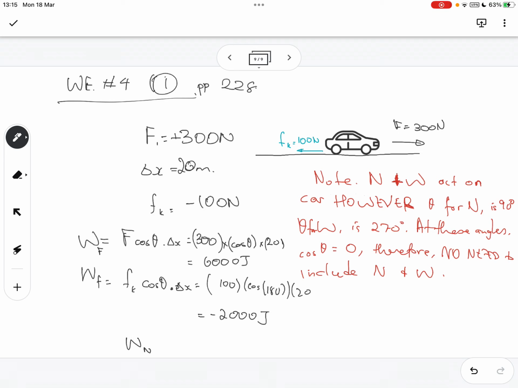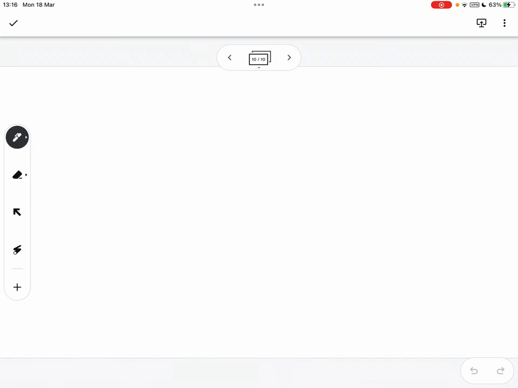Right, then the net work would equal 6,000 minus 2,000, which is equal to 4,000 joules.